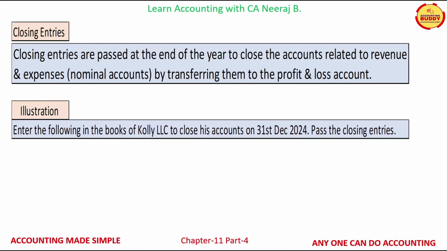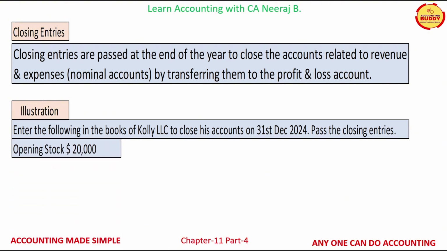Enter the following in the books of Kohli LLC to close his accounts on 31st December 24. Pass the closing entries and the information is available in terms of the following closing ledger balances.